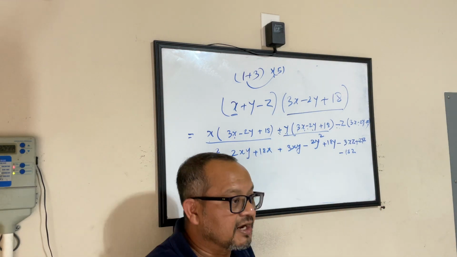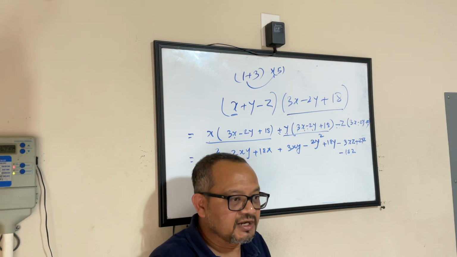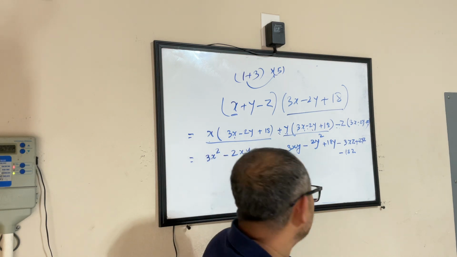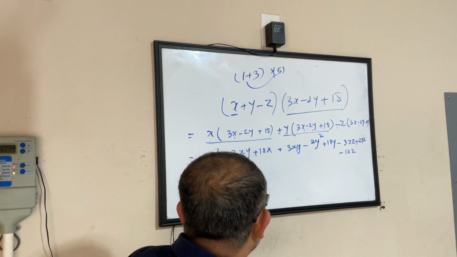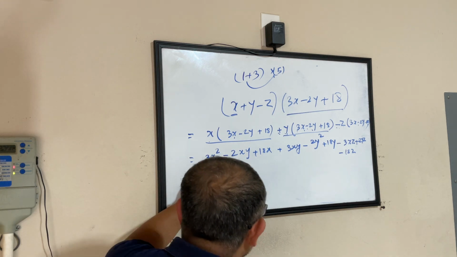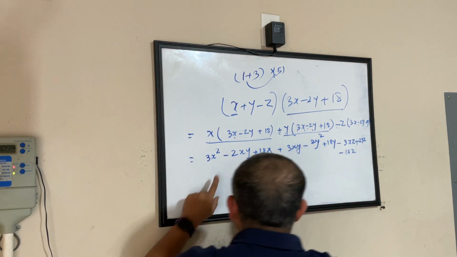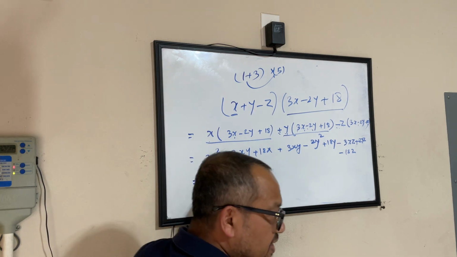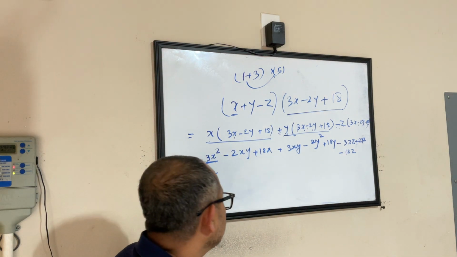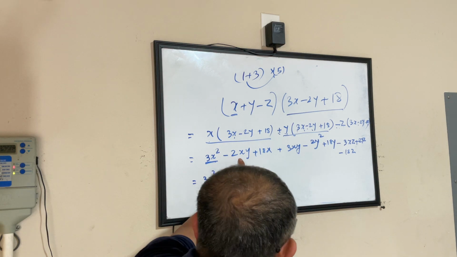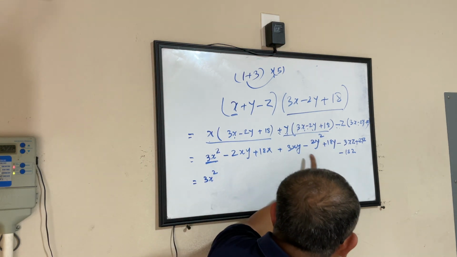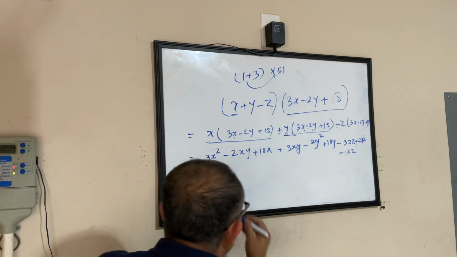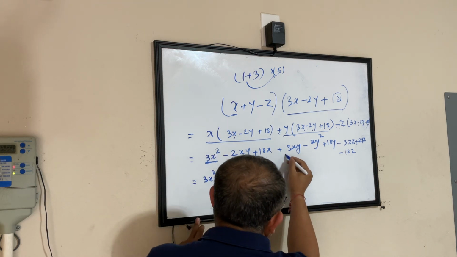Now I'll start my hunt. Easter is coming, right? You guys will all go egg hunting. That's what I want to do now. I have x squared. Do I have anything matching with x squared? No. I'll put 3x squared. This is done. Keep marking it so that you are not going to miss anything. Now I have xy here, I have xy here, and that's it. So here I have minus 2xy, here I have plus 3xy.